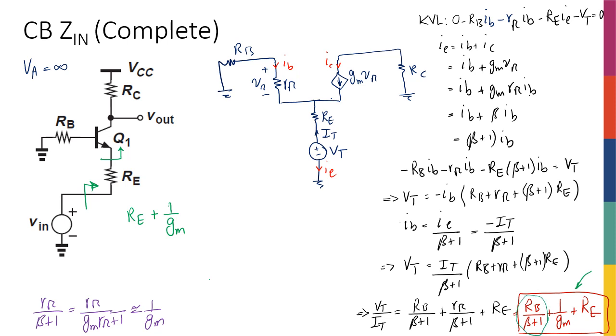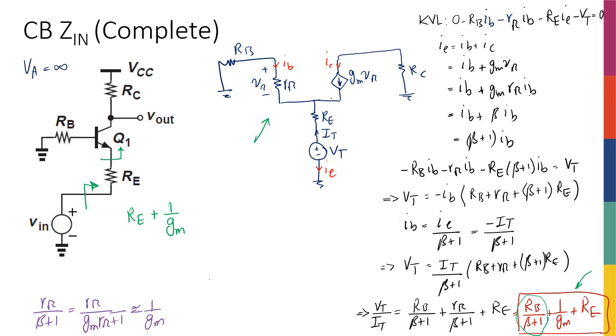Now, this term, RB divided by beta plus 1, really comes from this resistance here. So it's almost like we have this RE, looking into the emitter I have 1 over GM, and whatever resistance you have in the base, divide that by beta plus 1, and now you can say that they're in series with the resistors in the emitter, right?